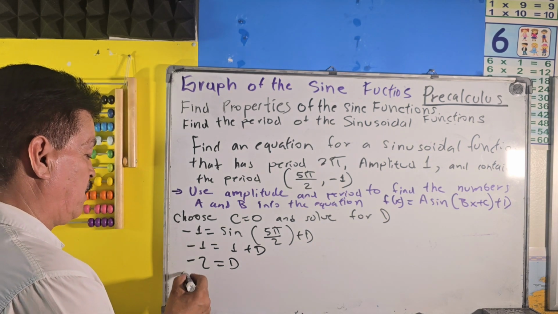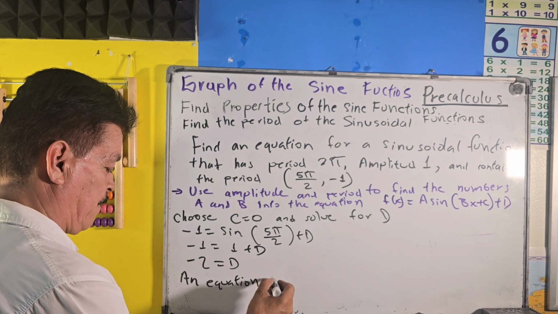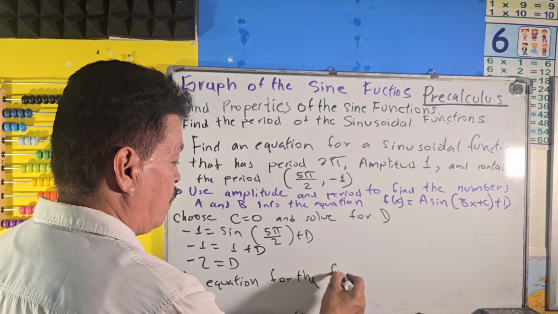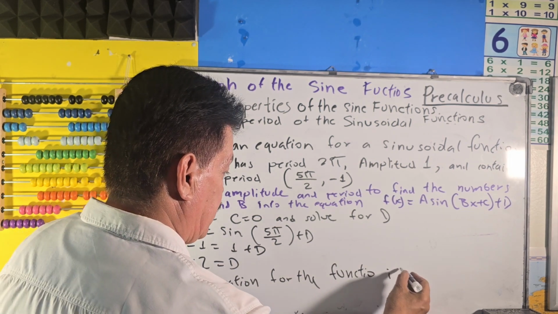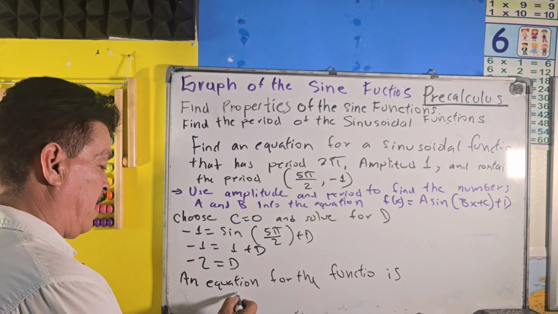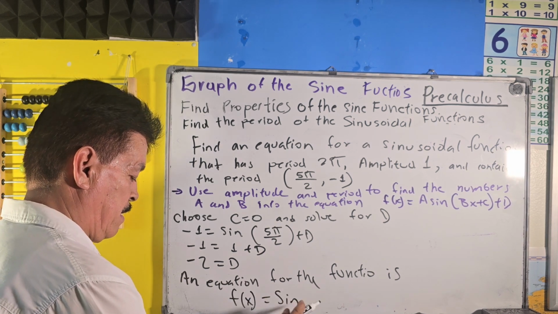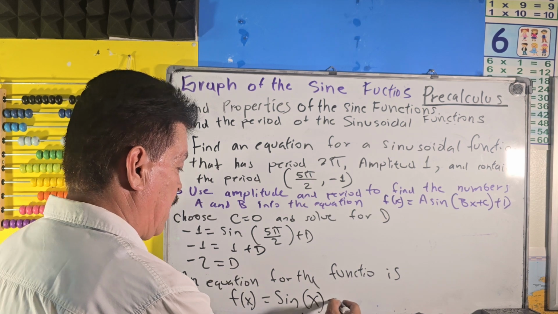So an equation for the function is f of x equals sine of x minus 2.